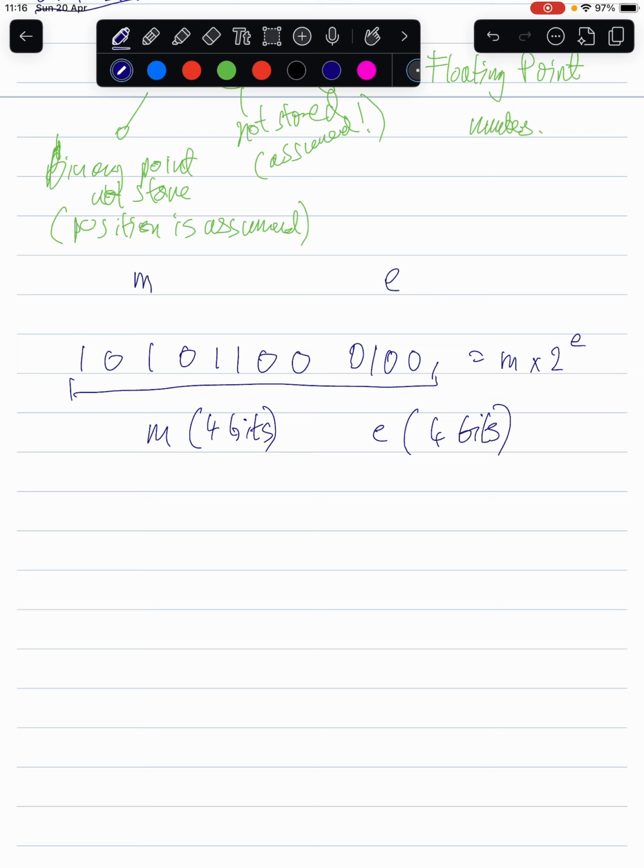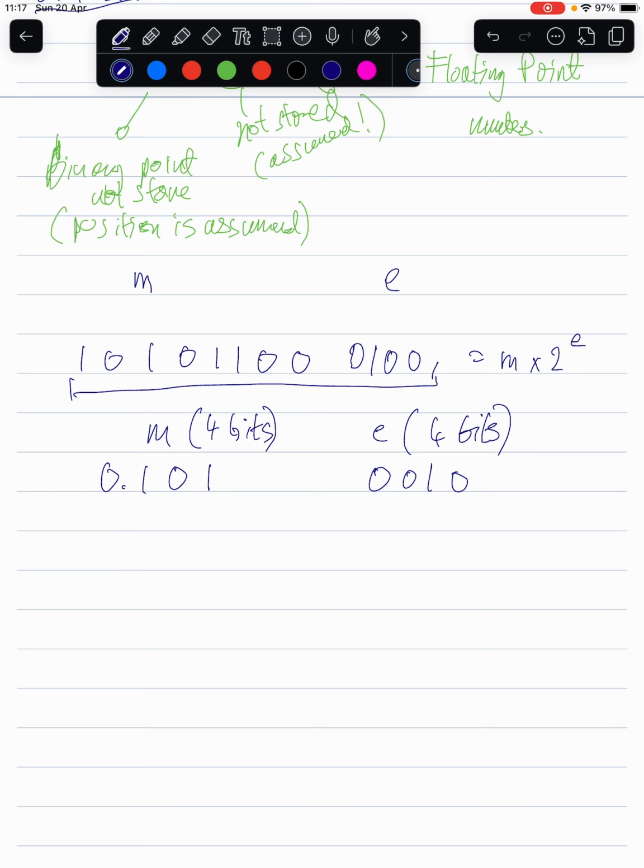Now, I need to explain something. In a normalized floating point number, the decimal point is always in this position, right? So 0.1 0 1, okay, and 0 0 1 0.